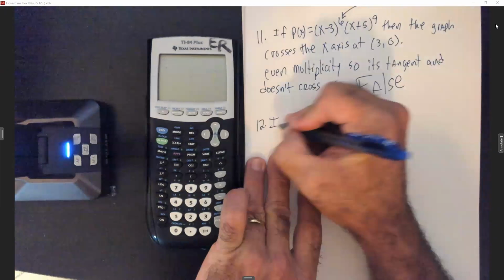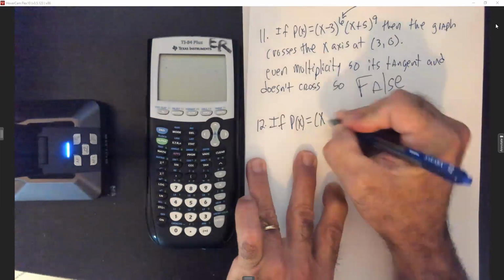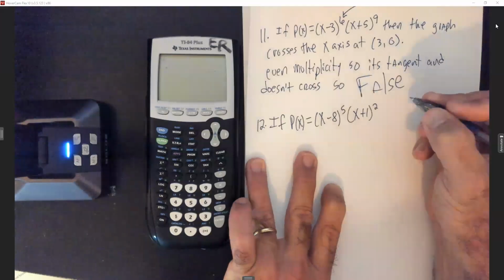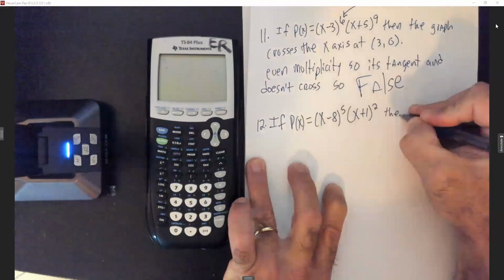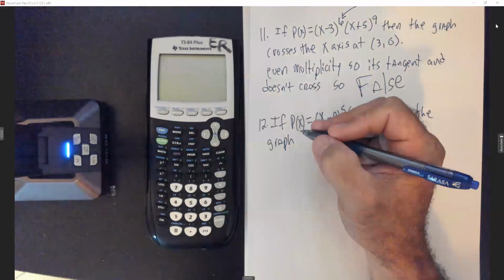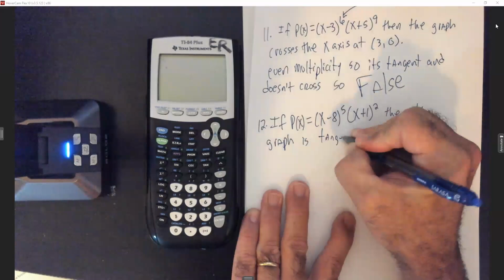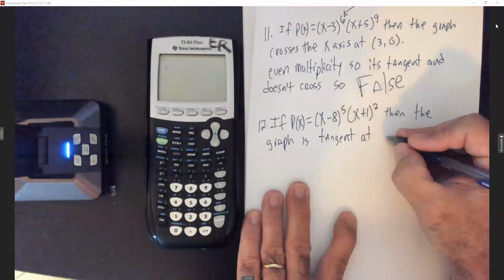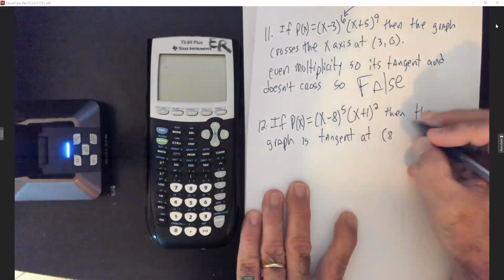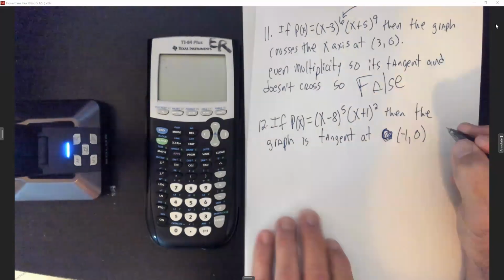If P of X equals (X minus 8) to the 5th, (X plus 1) squared, then the graph is tangent at, oh, let me find it, my bad, -1, 0. So is that true or false?